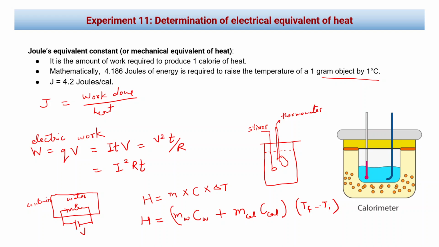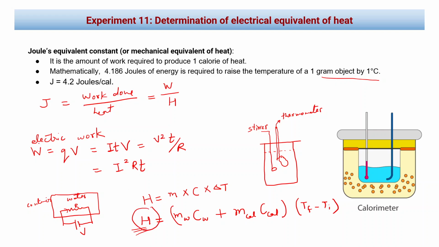So we can use that to determine the heat supplied. Again, what we want to calculate is J, which is the ratio of work done and heat. Heat we will be able to determine from this.